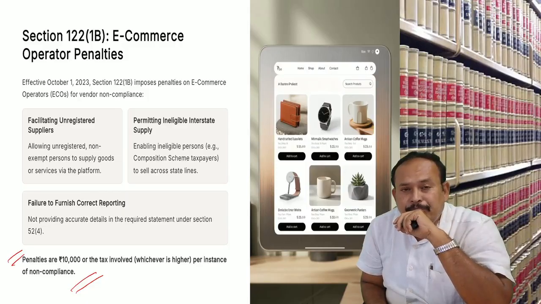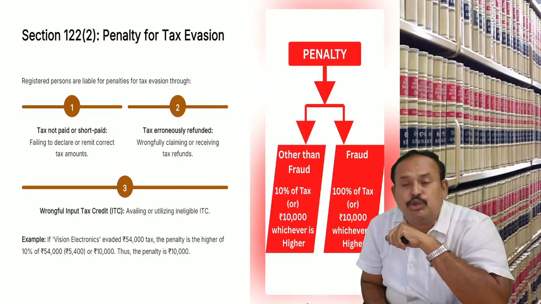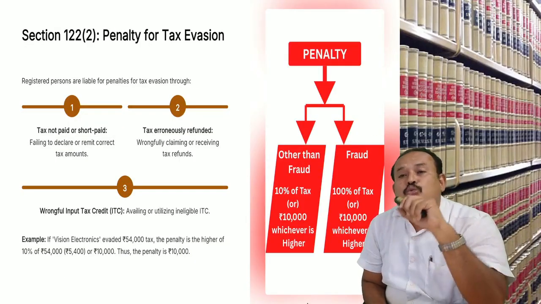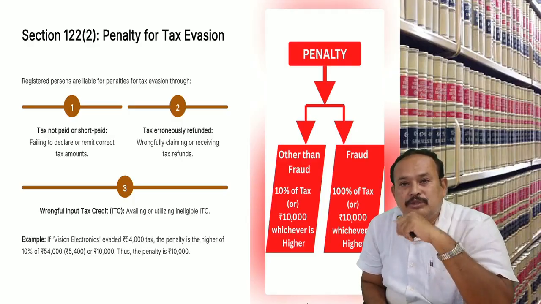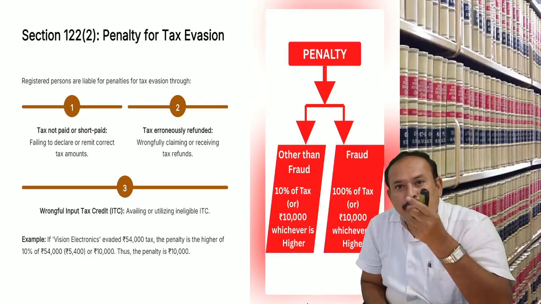Now, we have section 122 subsection 2. So far I referred to 122(1), 122(1A), 122(1B).